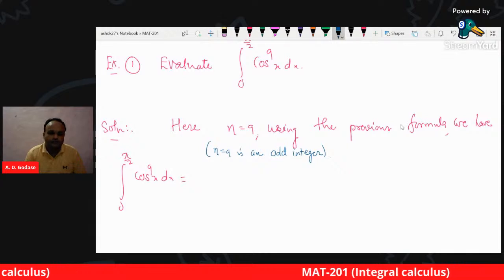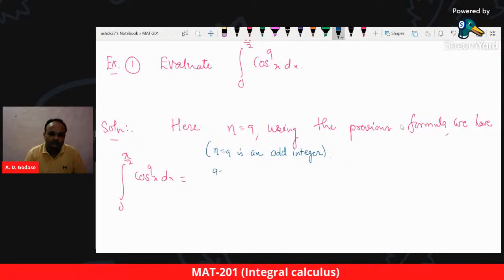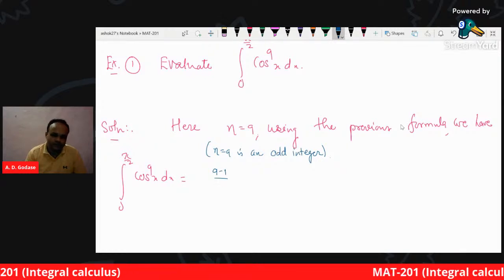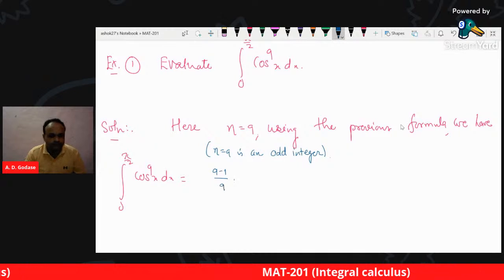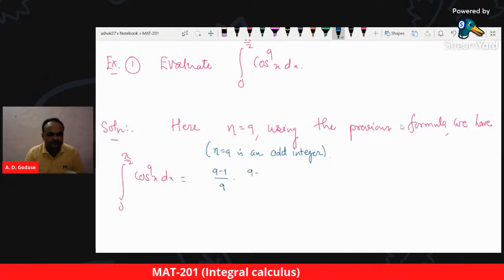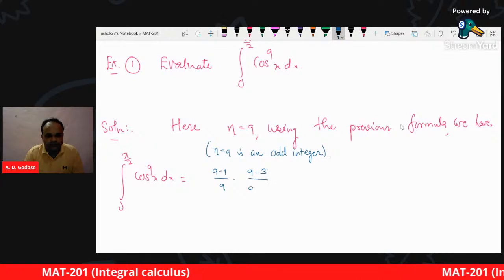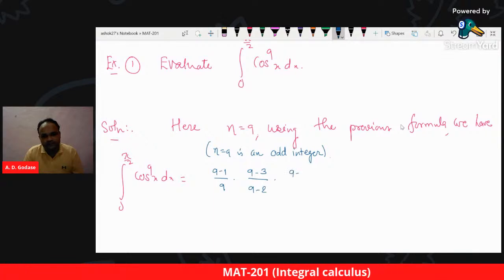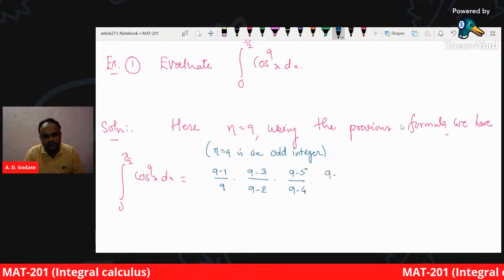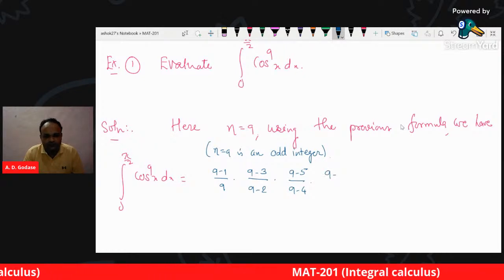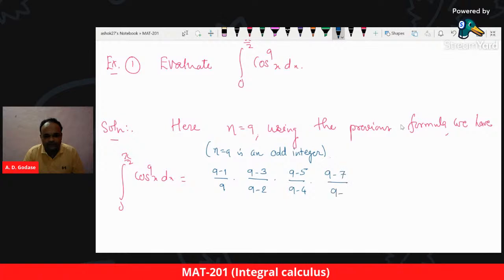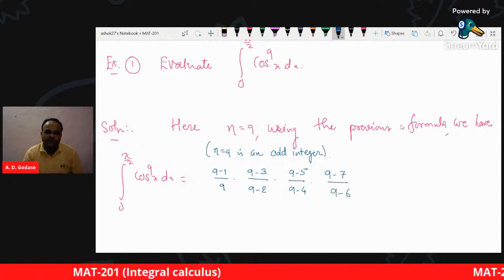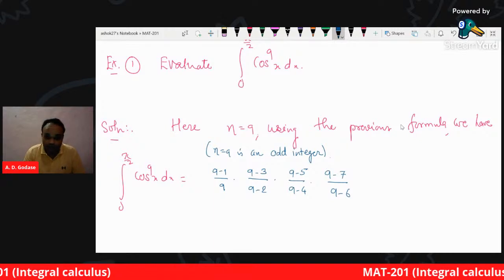So what is this formula? n minus 1 divided by n. So it is 9 minus 1 divided by 9, into 9 minus 3 divided by 9 minus 2, then 9 minus 5 divided by 9 minus 4, then 9 minus 7 divided by 9 minus 6, and then 9 minus 9, so that term is not there. So what are the values?